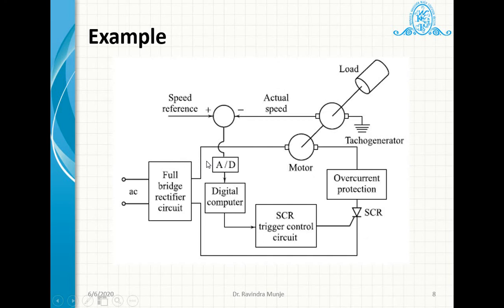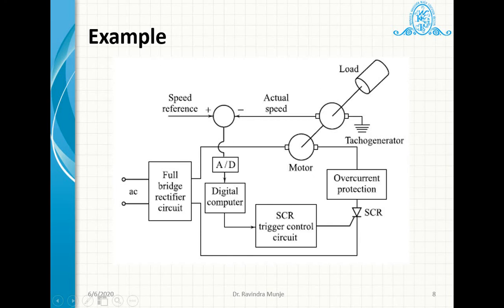In our lab we have also completed one experiment on a full wave controlled rectifier. In that case we controlled the speed by changing the firing angle. That complete circuit is a continuous time control system. We are not using any digital controller in that, but if we use a computer in the same system, then it will be a digital control system.